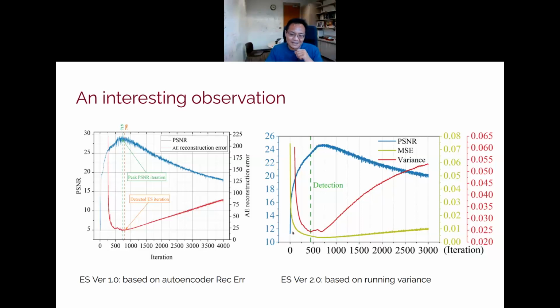So what I have here, the blue curve, is the PSNR curve for image denoising, for one particular instance of image denoising. And this red curve is the running variance of this intermediate reconstruction. So you can see the peak of this has a rough alignment with the value of this. Of course, this is a purely empirical observation, but we use this to try to detect the peak, and it works amazingly well.